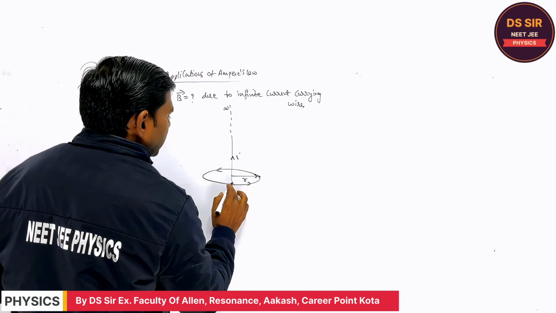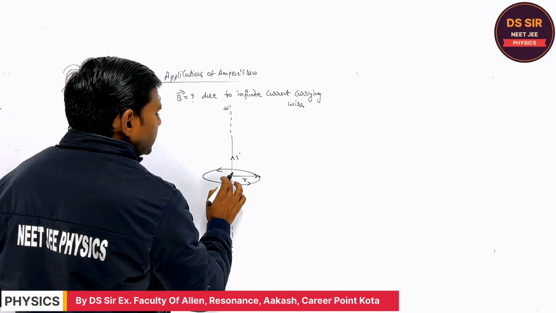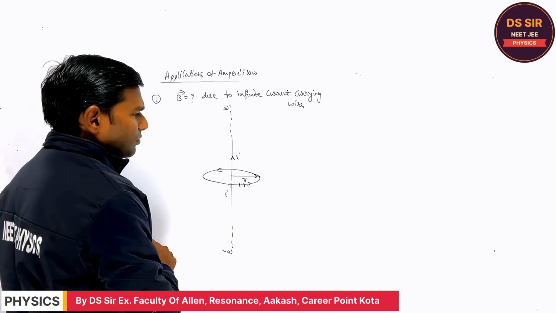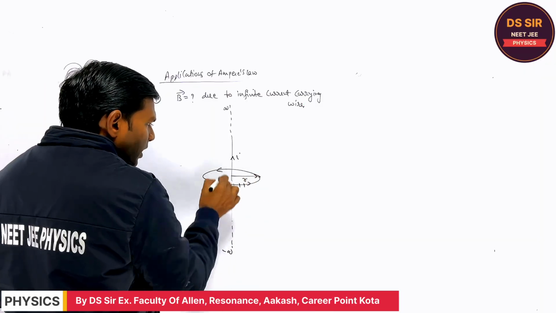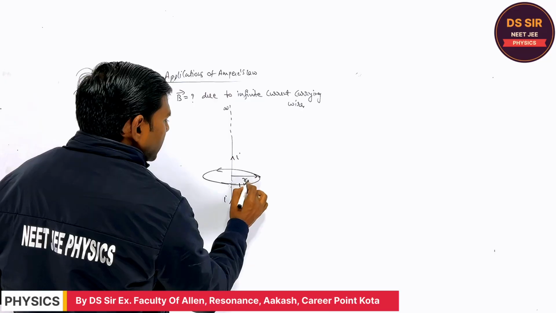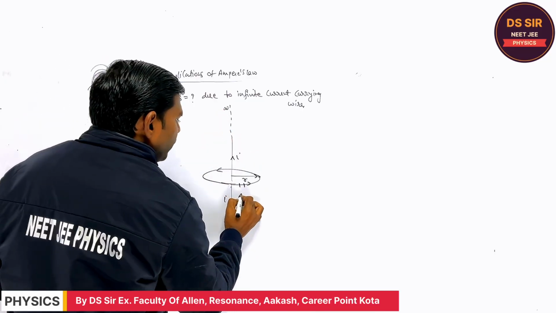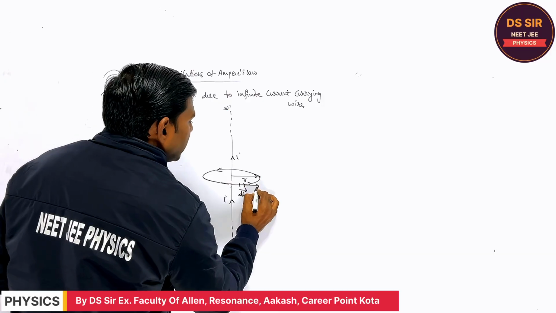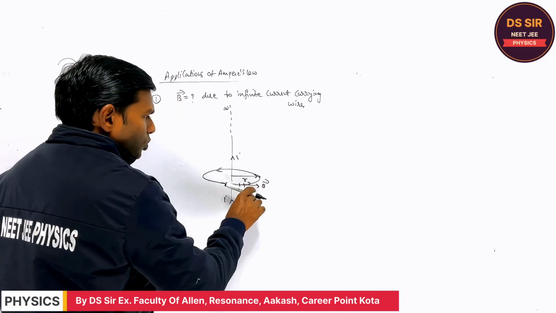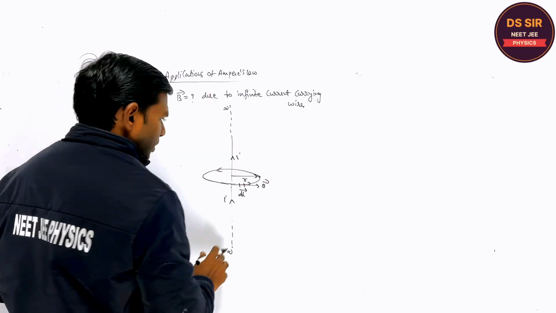And this is the current I, right? Due to symmetry of the wire, if you consider a small portion over here, this is the current I, like this, and it is the orientation. So if you consider the small elemental wire and the magnetic field is B, then B and dl both are in the same direction.